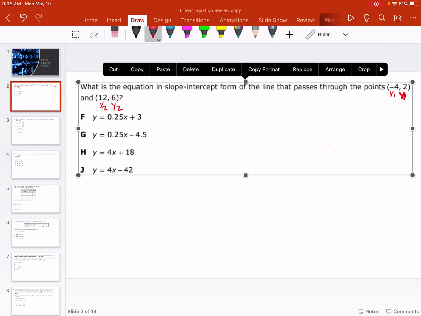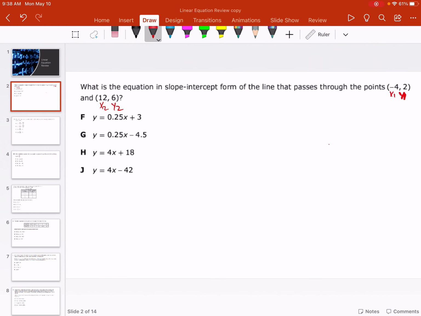m equals y2 minus y1 over x2 minus x1. y2 is 6 minus 2 over 12 minus -4. Just be careful, it's -4.